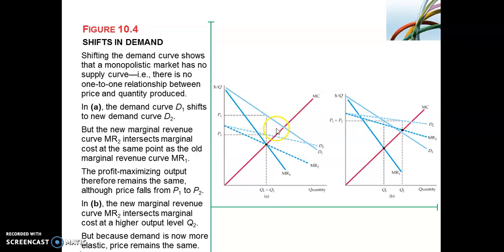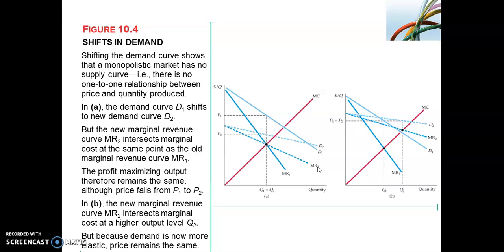So see what happens when your demand curve shifts downward and it rotates out, becomes flatter. D2 is now your next demand curve, and it has a corresponding marginal revenue curve MR2. So this is representing what would happen if there's a shift in the demand curve.